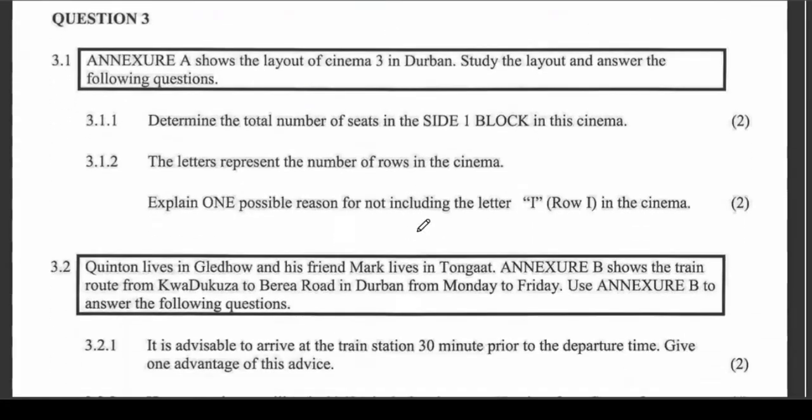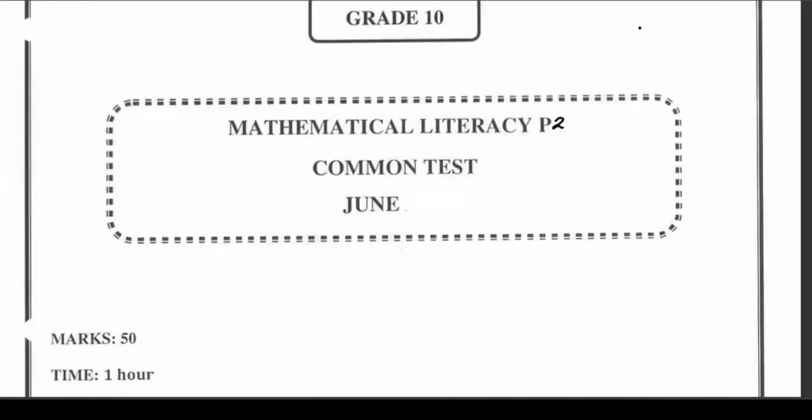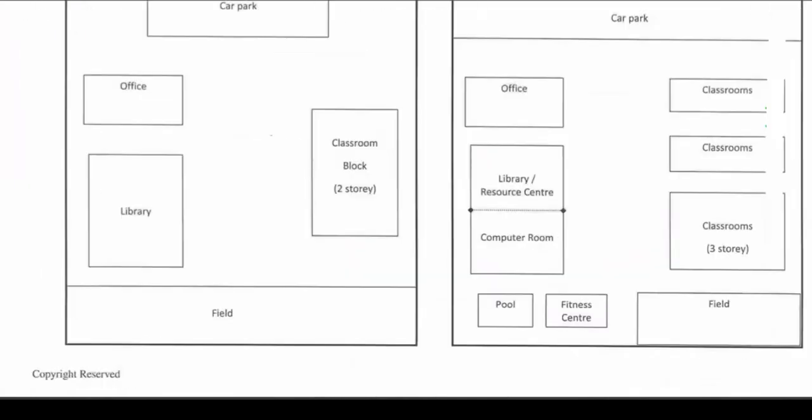Question number 3 says, Annexure A shows the layout of the Cinema 3 in Durban. Study the layout and answer the questions that follow. Determine the total number of seats inside one block. Let's see here.